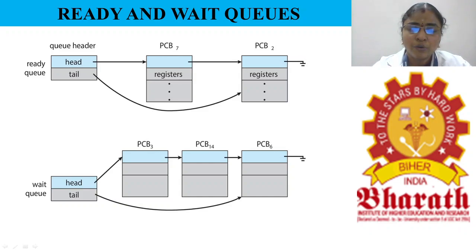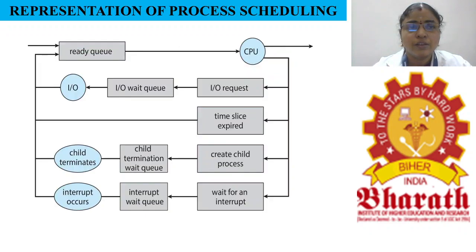Then the tail marks the last one in the ready queue. Then for the wait queue, here also there is a head and tail. The head points to the first process control block, and the tail points to the last process control block.